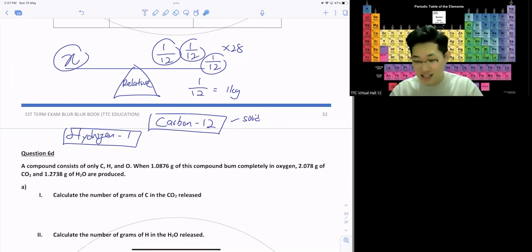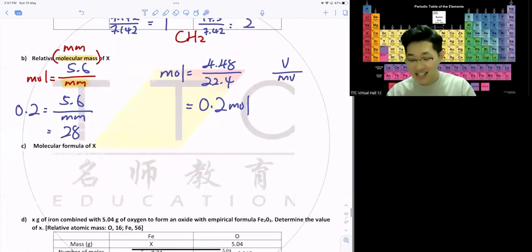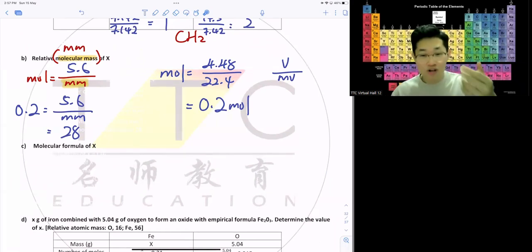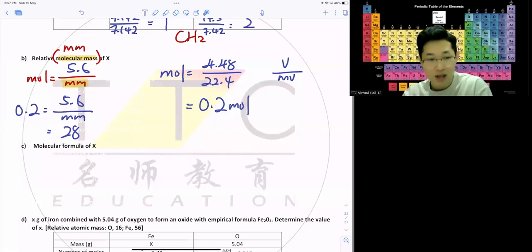It's not easy. Understand or not? There's a reason why they use carbon 12. Getting charcoal and getting iron, charcoal is a lot easier. Okay, then you got 28 already. So it's 28 times heavier. No unit. Relative has no unit.